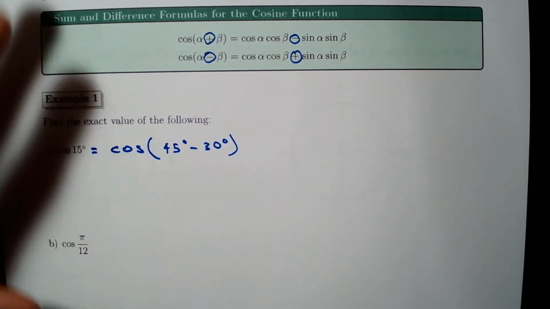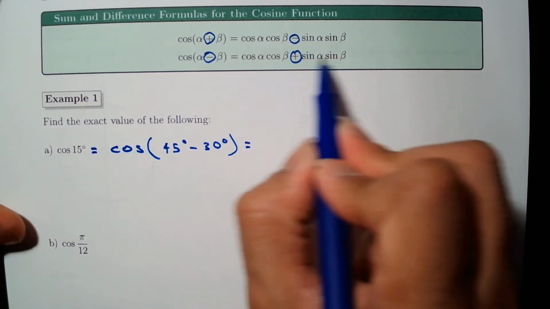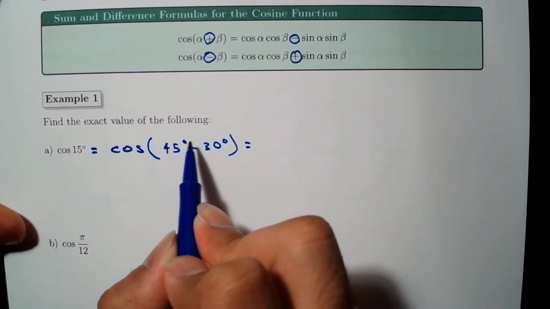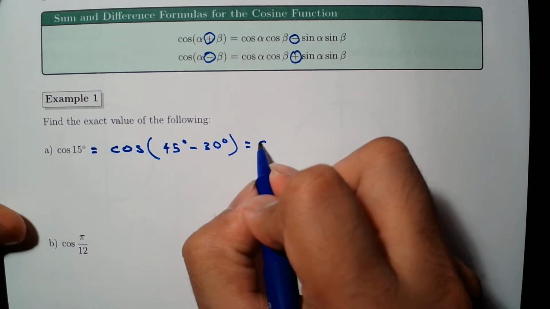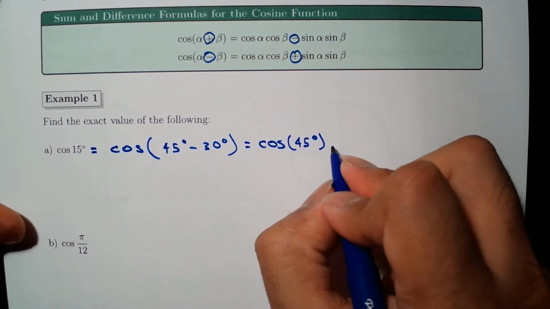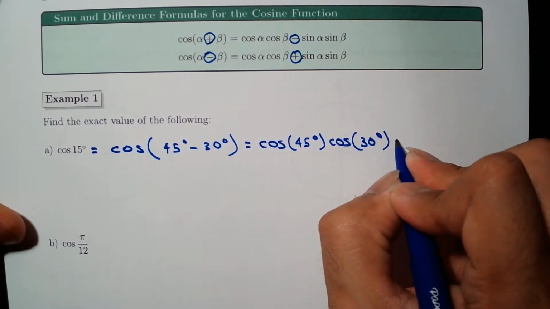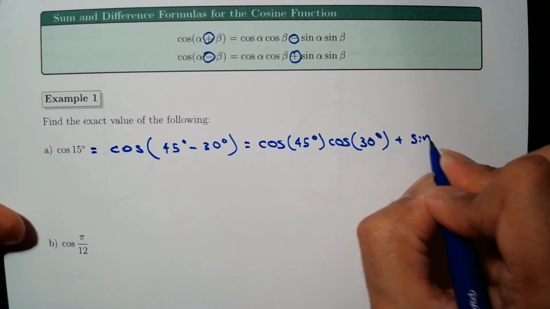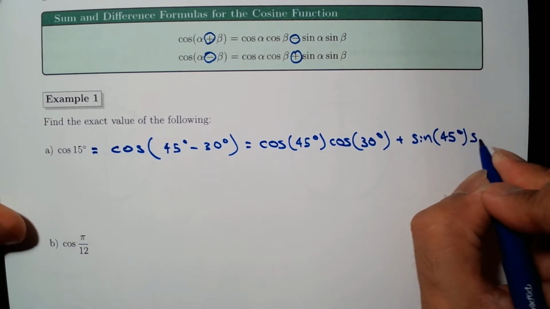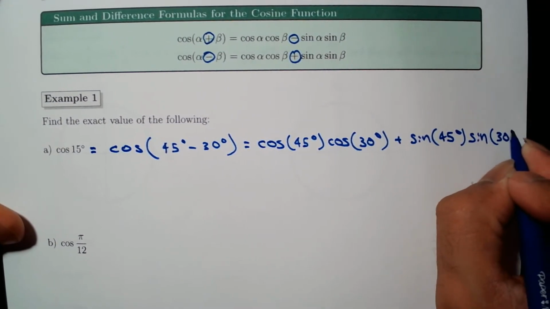so we need to write those in values that are in the unit circle. So then we're going to use, in this case, the cosine of alpha minus beta formula, and because we have a minus inside, that's going to be cosine of 45 degrees cosine of 30 degrees, and then plus sine of 45 degrees and sine of 30 degrees.